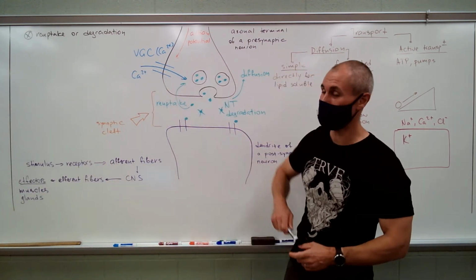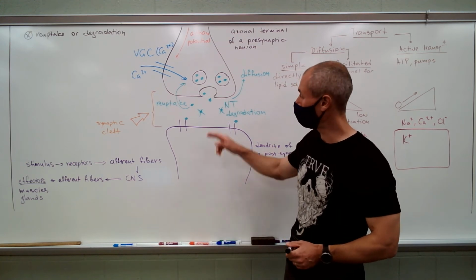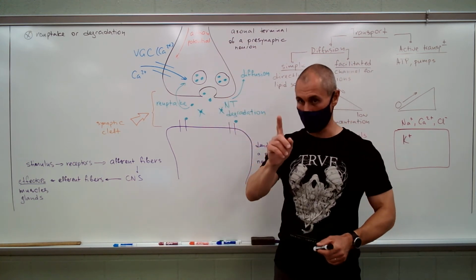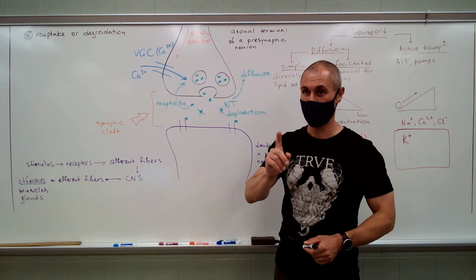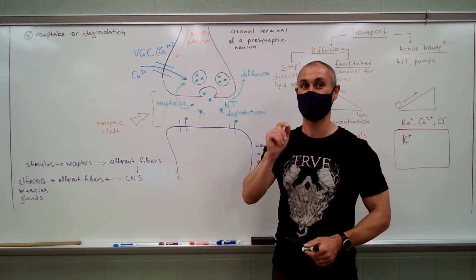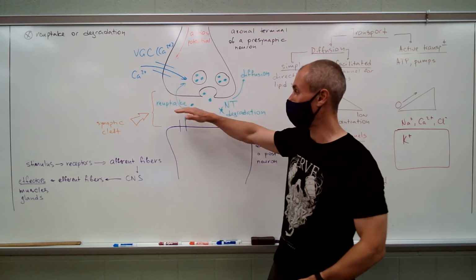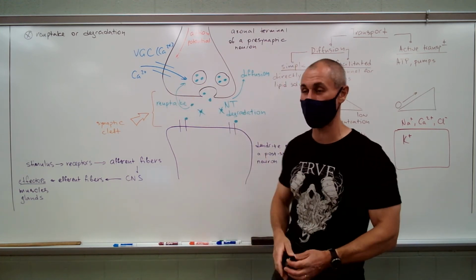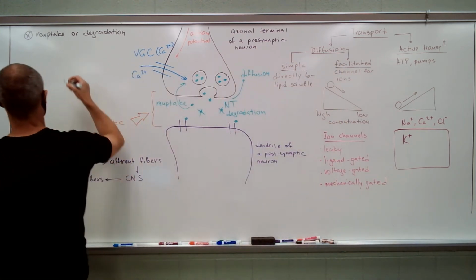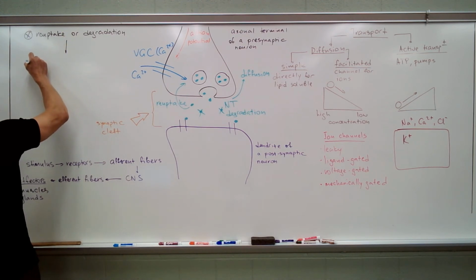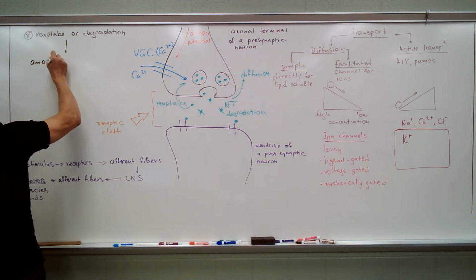So if you inhibit reuptake or degradation, what happens to the amount? Listen closely, think. I know the first urge, but if you block reuptake of neurotransmitter or degradation of neurotransmitter, what happens to the amount of neurotransmitter in the cleft?